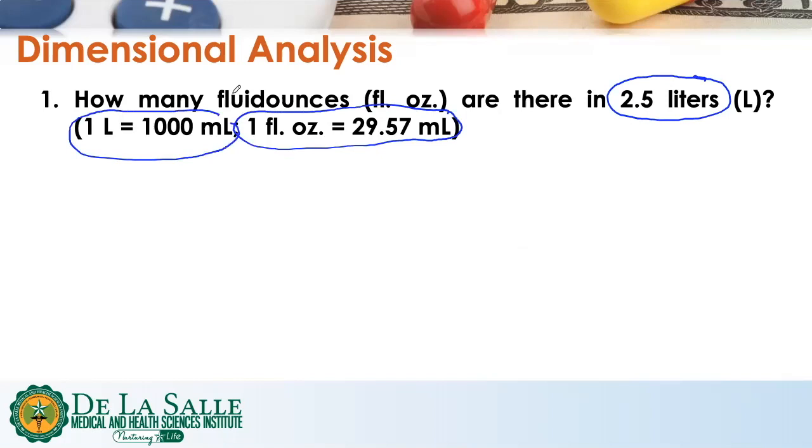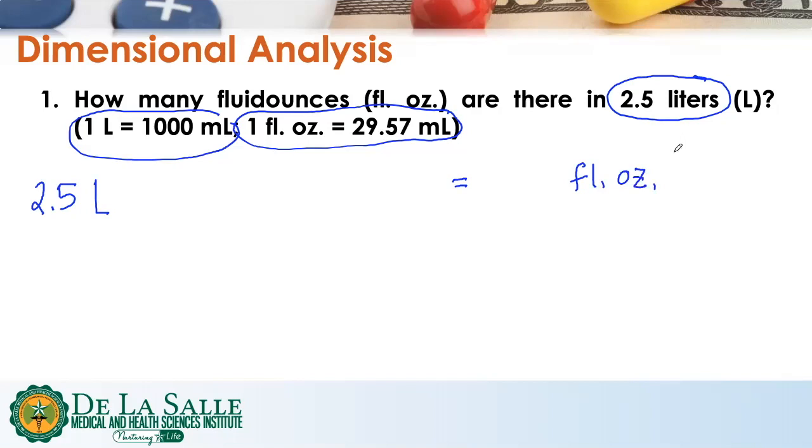Because we need to find the equivalent fluid ounces of 2.5 liters, we will begin with that quantity, 2.5 liters, and then we write on the other side of the equation the unit that is desired. And the unit that is desired is fluid ounces.